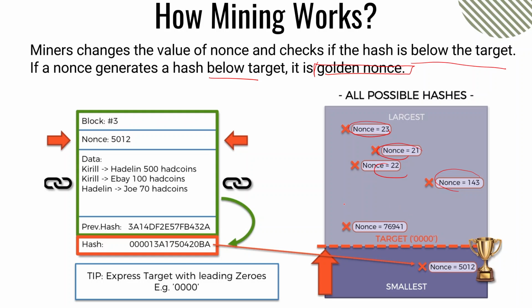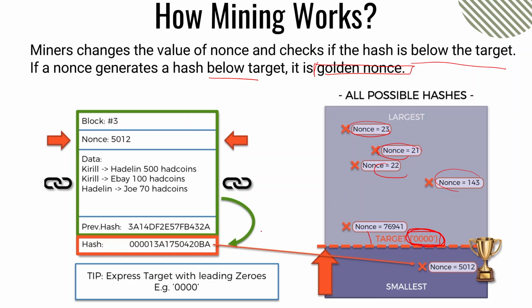So here, who can know that here is written that the target is 0000, which means the miner can get a hint that the target starts with 0000.